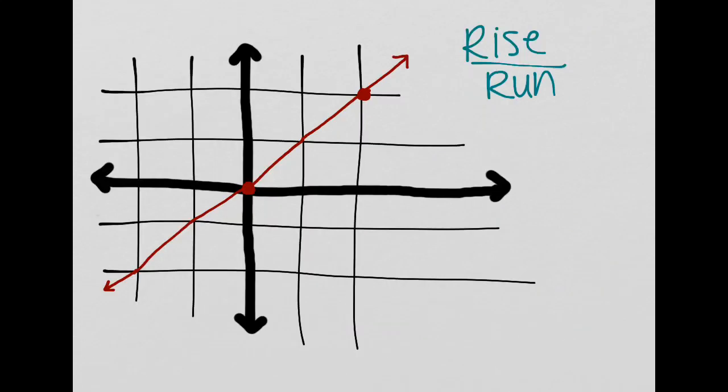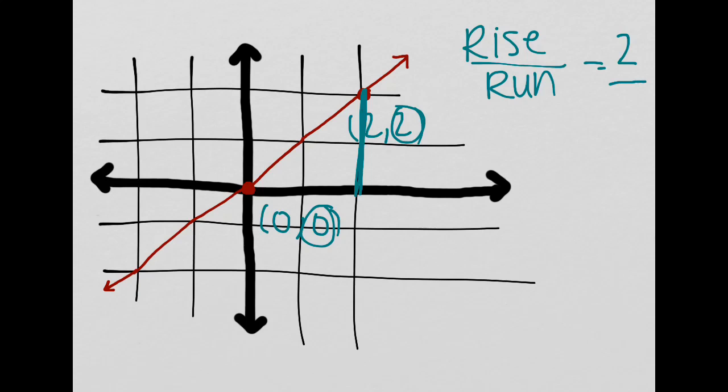Let's go over rise over run here. I have the points 0, 0 and 2, 2. I want to find rise, which is the change in y. This is the change in y, so that's equal to 2. I could also have found that by doing 2 minus 0, which is equal to 2.